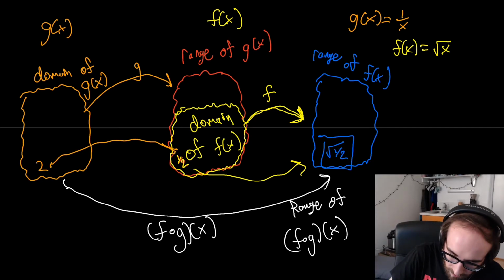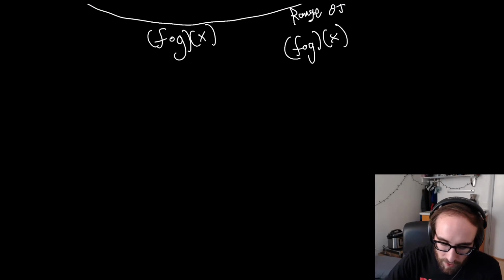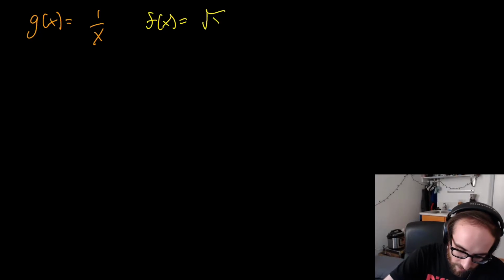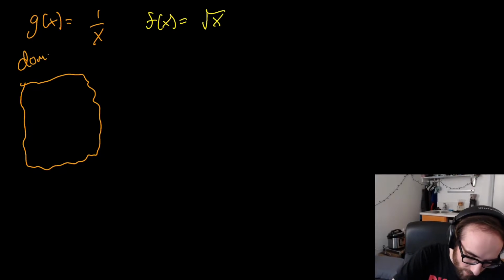Let's consider these functions up here. g of x is 1 over x, and f of x is square root of x. Okay. So we have our domain of g of x.